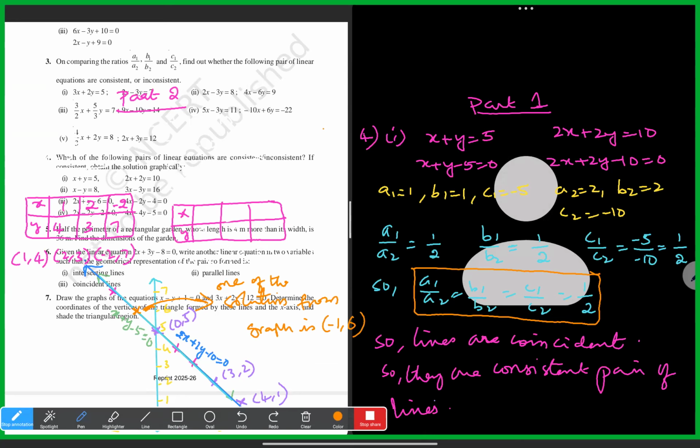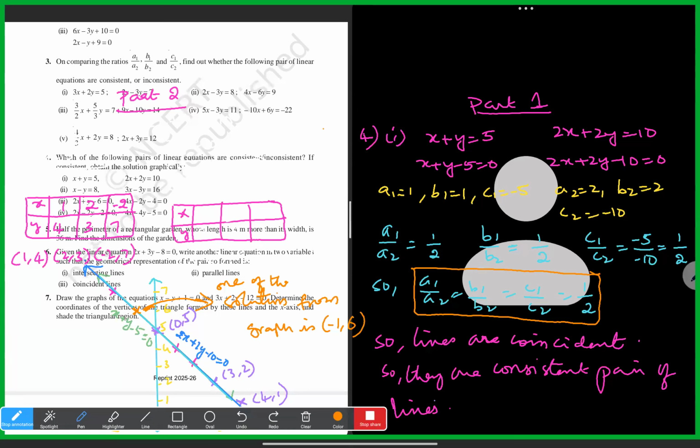They gave the solution as y is equal to 5 minus x, where x can take any value, and there are infinitely many solutions. Yes, because the lines are coincident lines, infinitely many solutions.